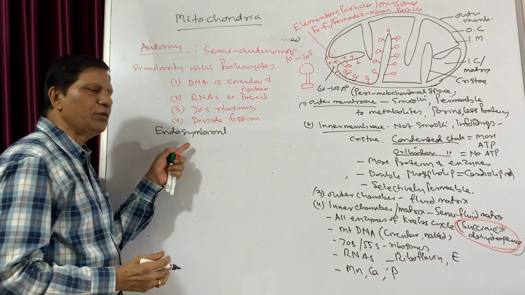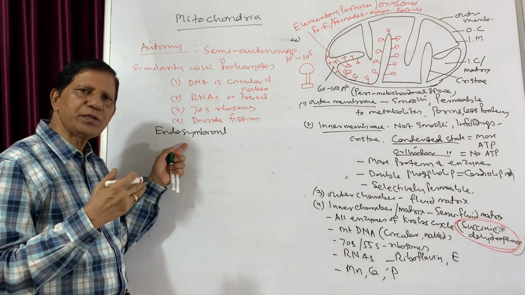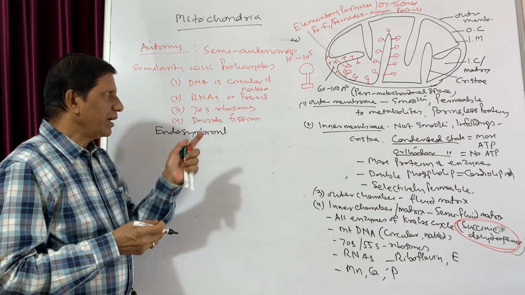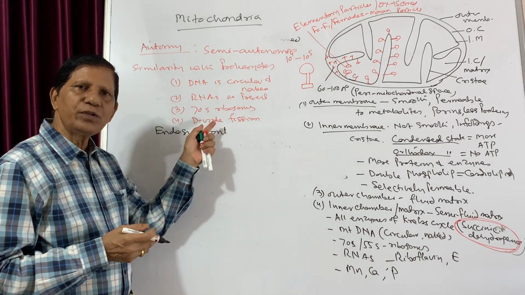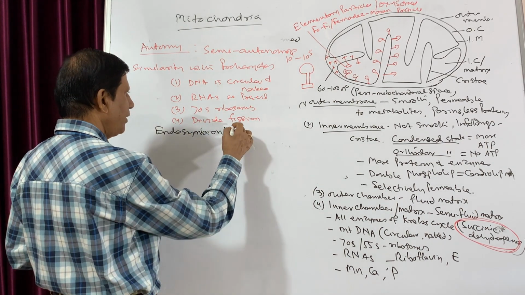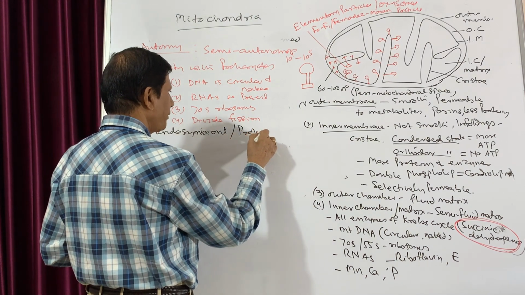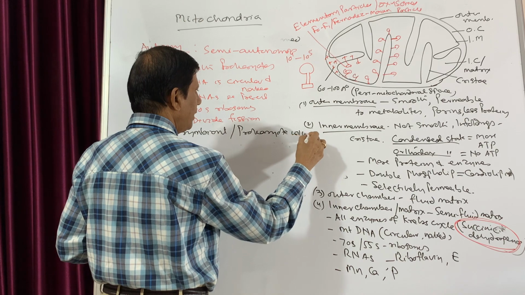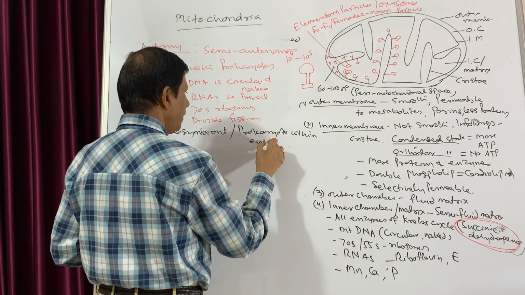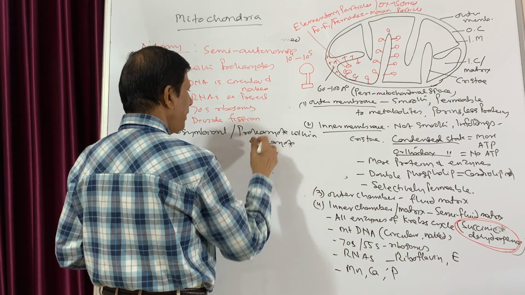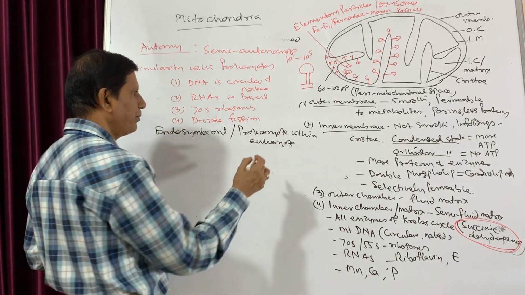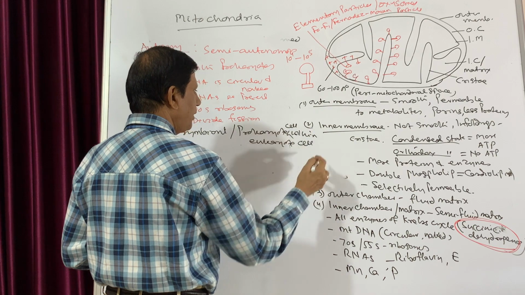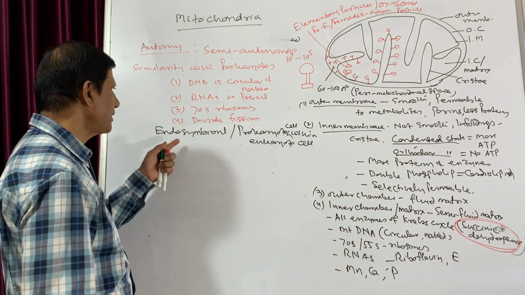That means it is present within the eukaryotic cell for the purpose of symbiosis. Or we can say a prokaryotic cell within one eukaryotic cell. The prokaryote is mitochondria, and the eukaryotic cell is present. This is known as the endosymbiotic theory.